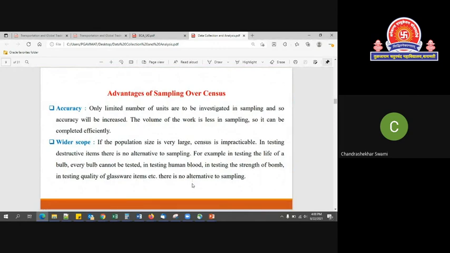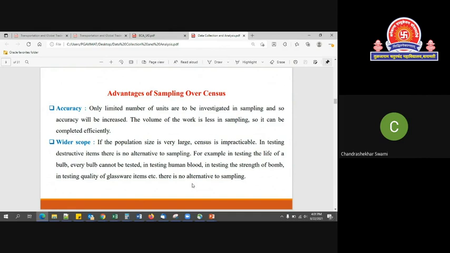Another advantage is accuracy. Even though you are testing and getting information on each and every element, it is quite possible that if your population size is too huge, then after a certain time the agency you hired for getting the information may make errors while collecting the data.